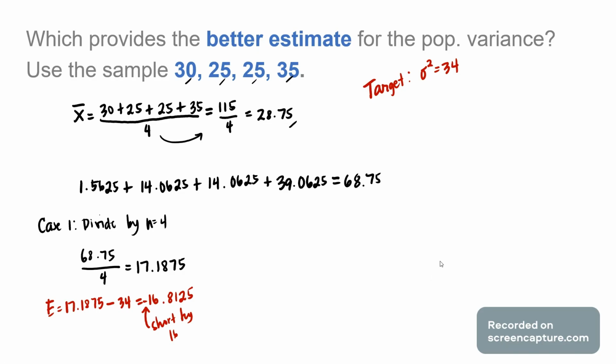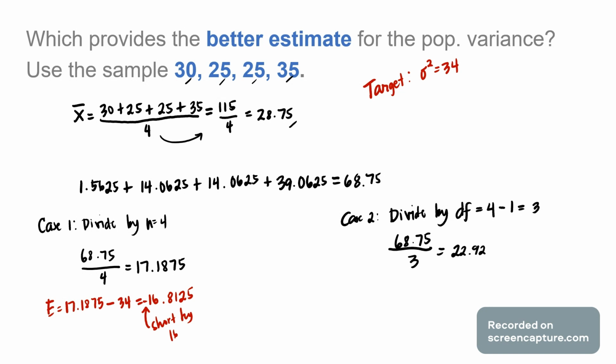How about the second one? Case 2. What if we divide by, this time, the degrees of freedom, which is 4 minus 1. We divide by 3. So that means 68.75 divided by 3. The result is 22.92. And how much error did this incur?